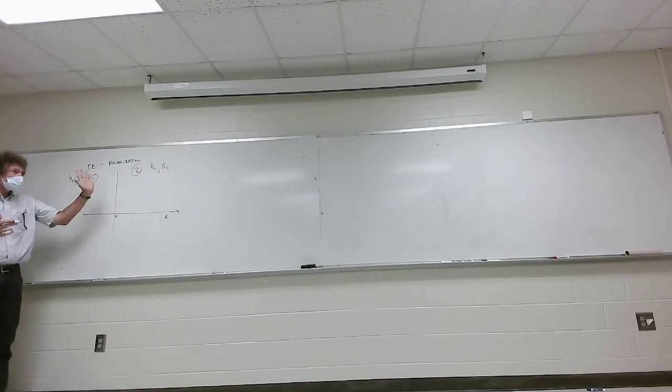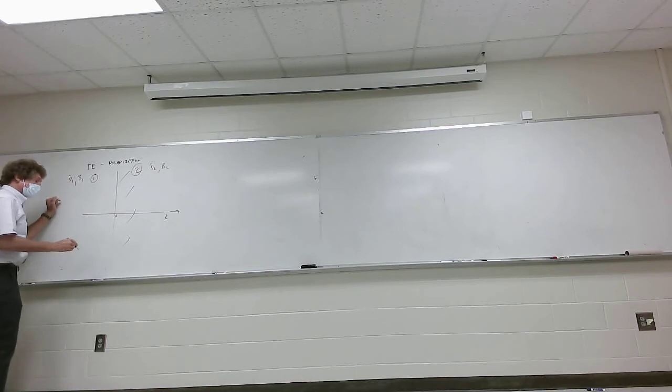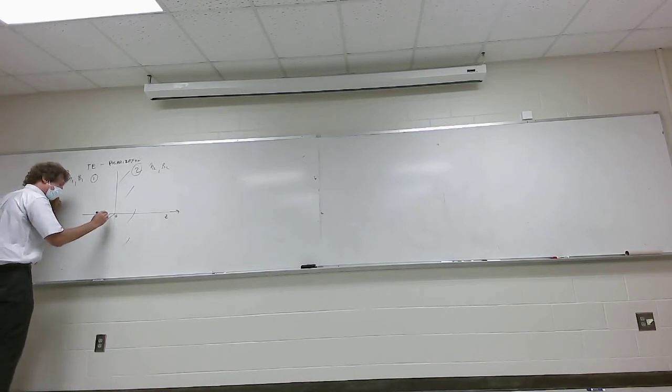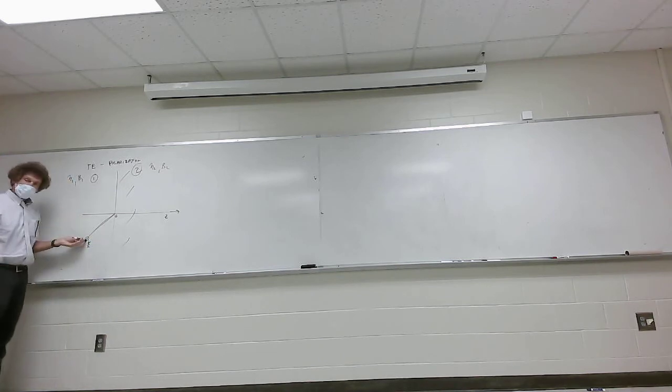You with me? All this over here is a different material from the one over here. Now when you have TE, electromagnetic plane waves, you basically have an electric field incident, and I wrote out the equations for this last time, that's perpendicular to the board, right?